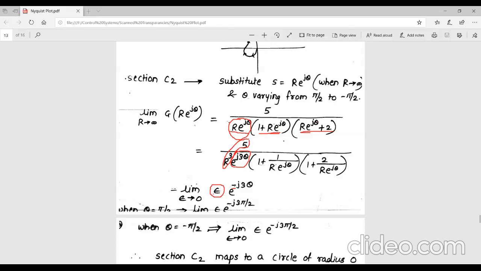When you substitute plus pi by 2 and minus pi by 2, we get the angles. And so section C2 maps to a circle of radius 0. Why radius 0? Because the magnitude comes out to be 0, or rather very small. So the complete section C2 is represented by a point at the origin.